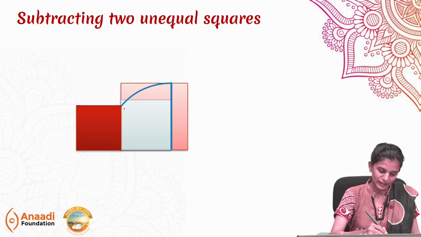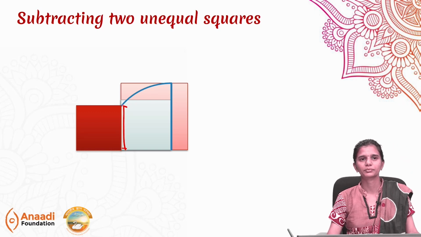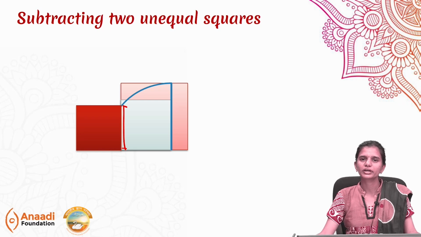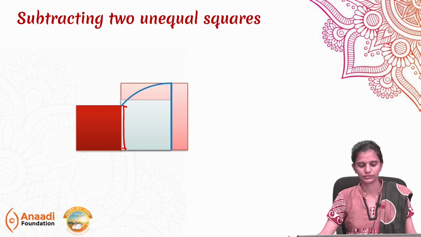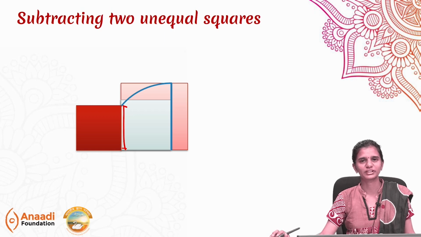Now, taking this as the length, we draw a square. This square would be the difference of the given two squares. This is how we do the addition and the subtraction of the squares, not computationally but geometrically.